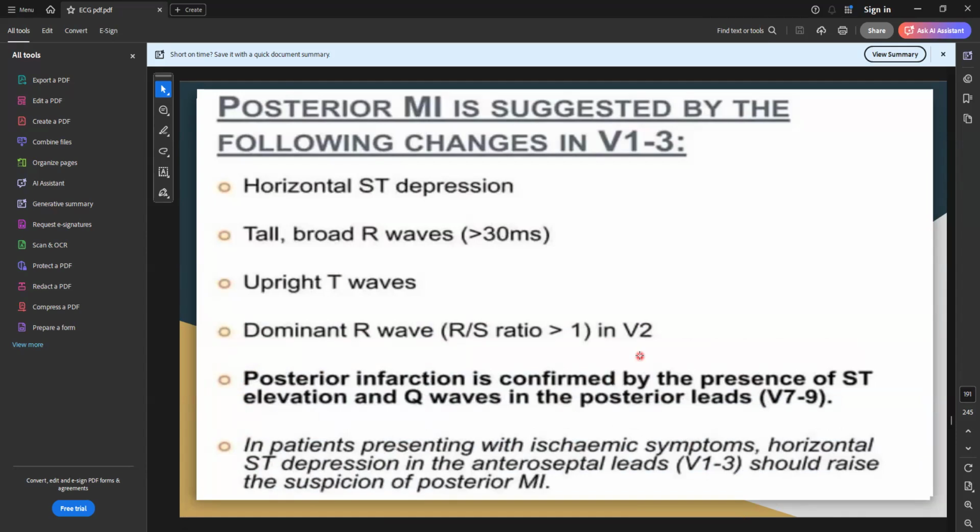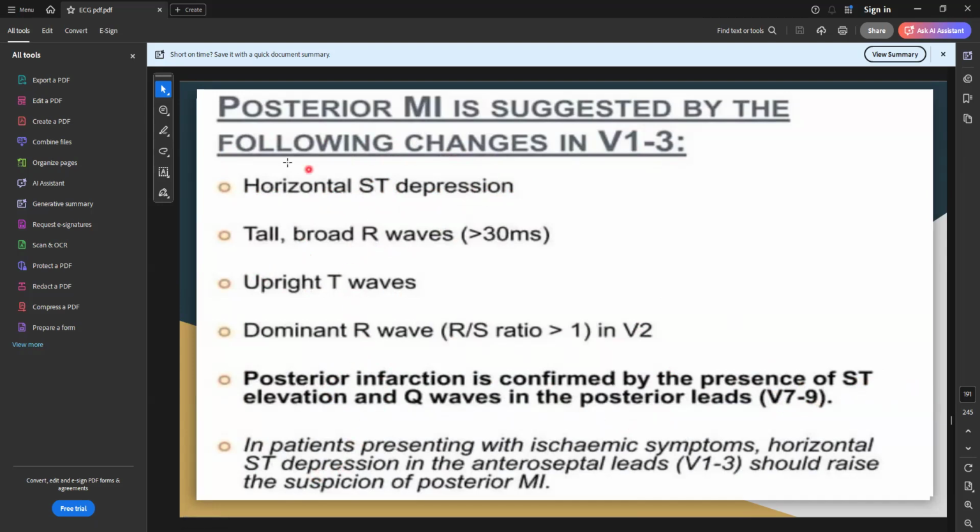Let us see about the posterior wall STEMI. This posterior wall STEMI is suggested by the changes in V1 to V3. That is, there will be tall, broad R waves and upright T waves, and the presence of ST elevation and Q waves in the posterior leads, that is V7 to V9, and horizontal ST depression in the reciprocal leads.